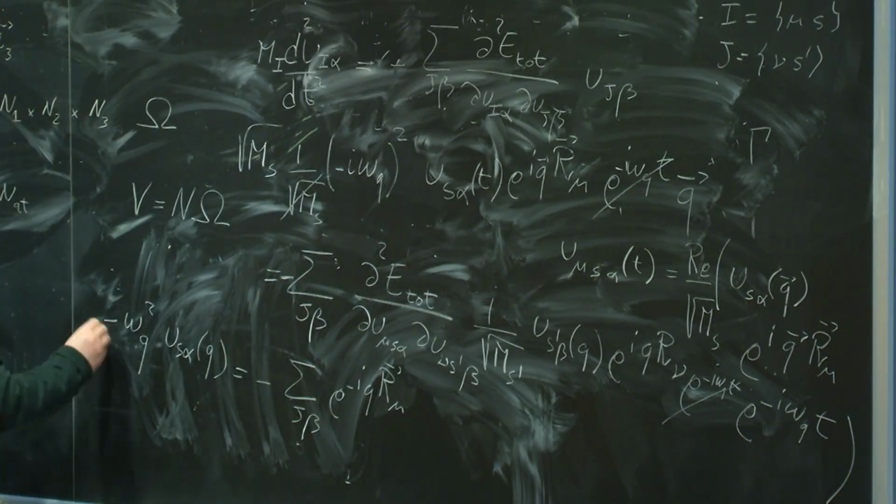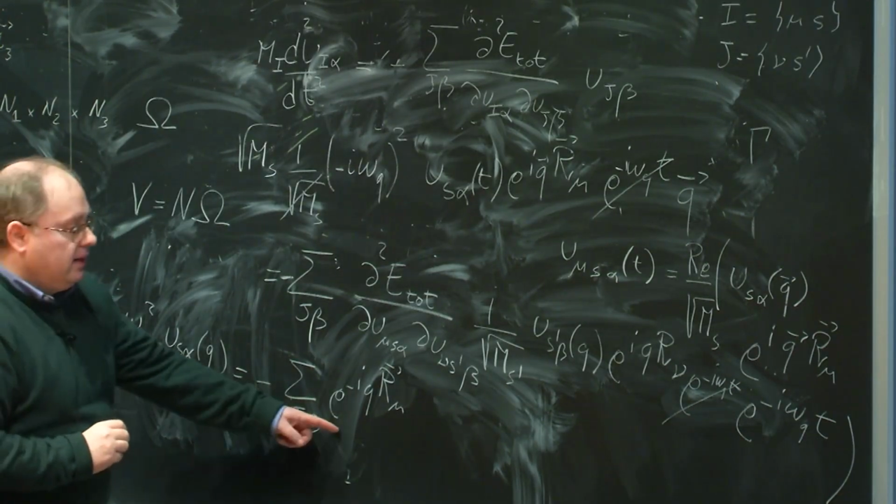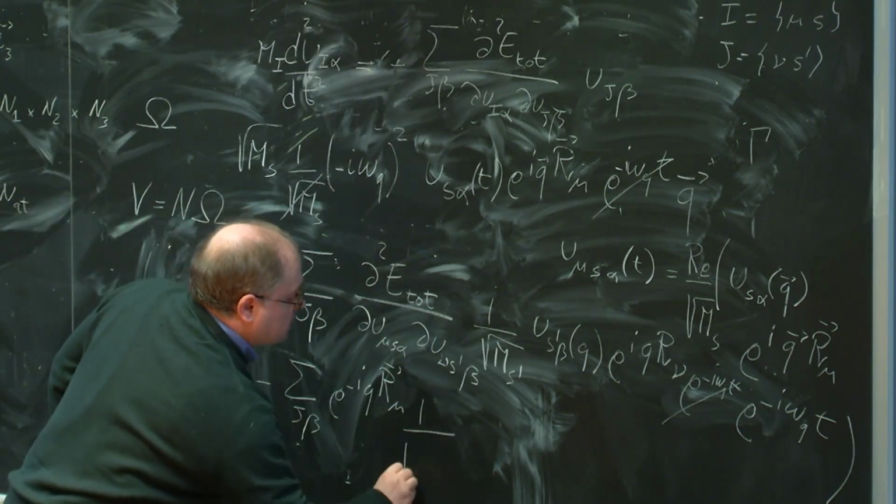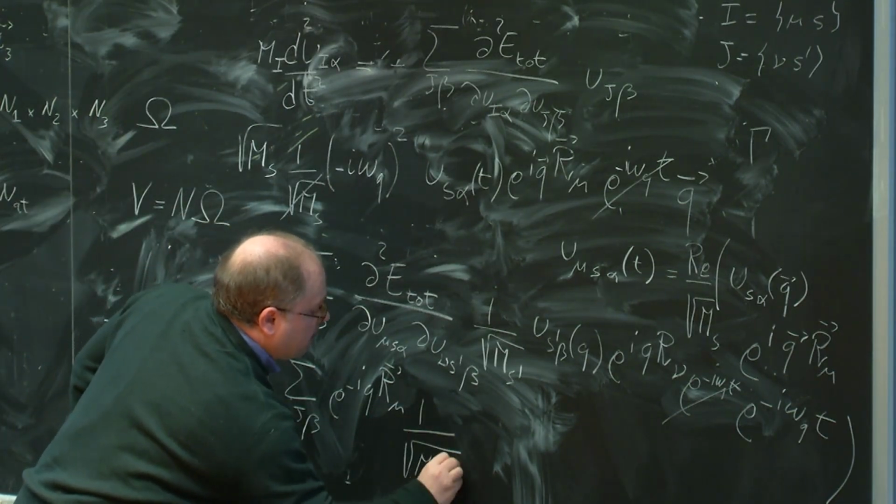Here I would have the square root of M S, but I bring it here. So here I have the square root of M S and M S prime.